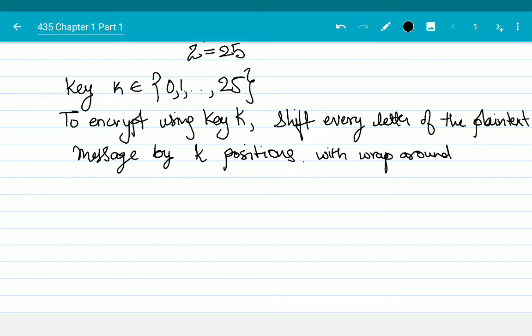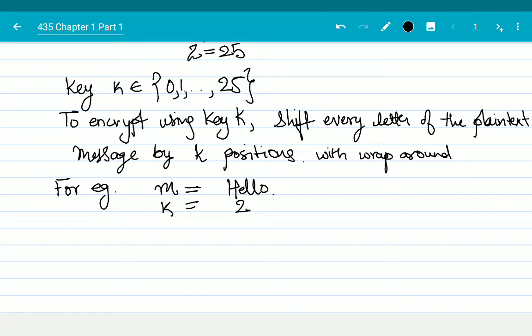For example, suppose my message M is equal to hello. And the key I'm going to use is k equal to 2. I'm going to use C for the ciphertext.